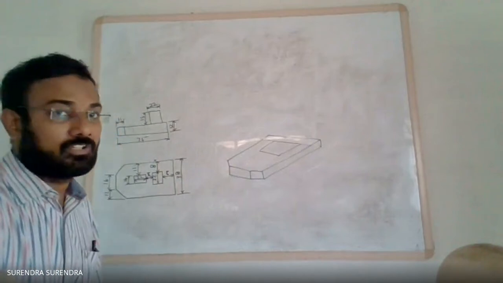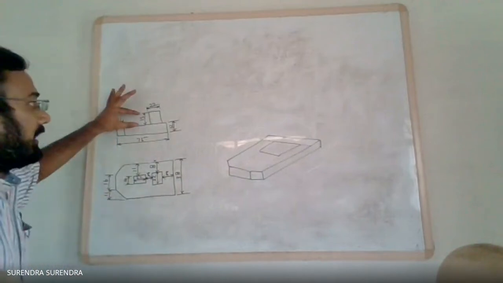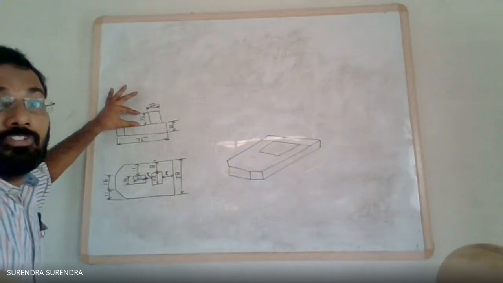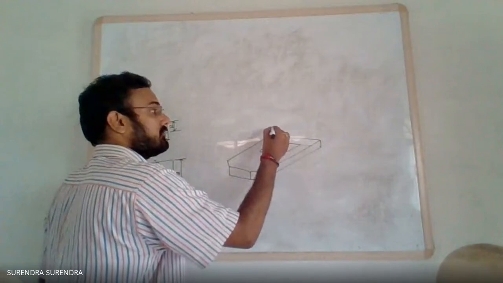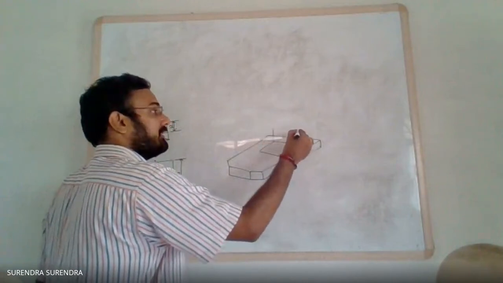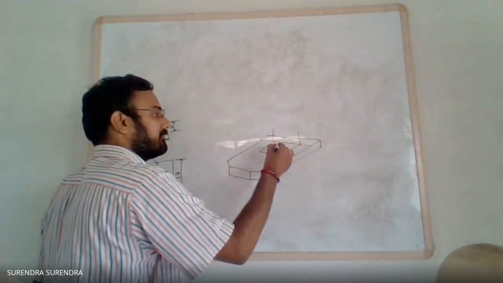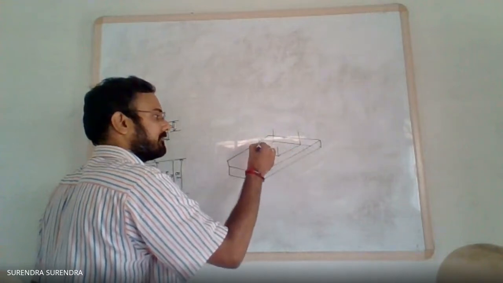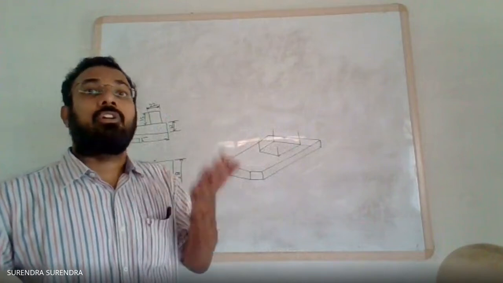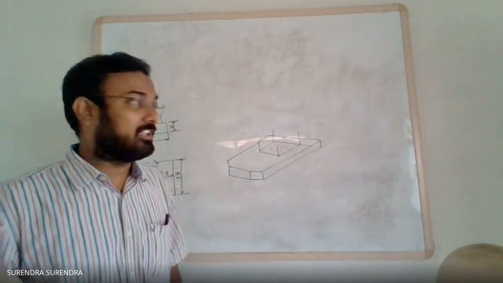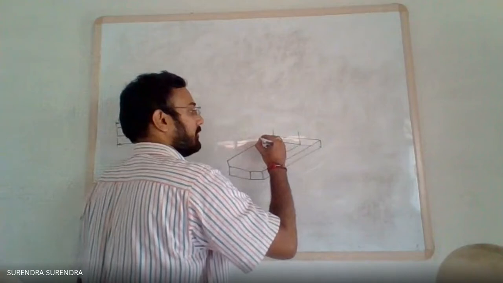Base of the square draw చేసాం. Now it is for a height of 15 mm. So ప్రతి కార్నర్ నుంచి కూడా draw vertical lines for a height of 15 mm. From each and every corner of the base, draw vertical lines up to a height of 15 mm and join those endpoints.